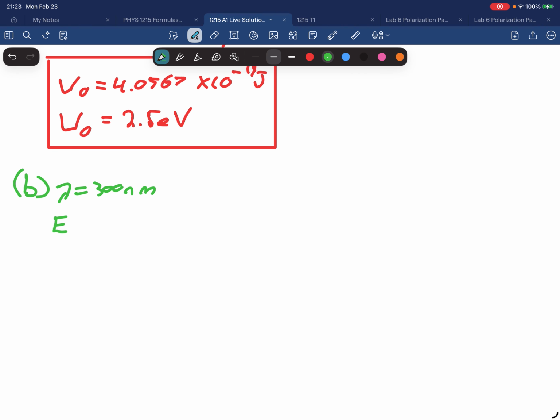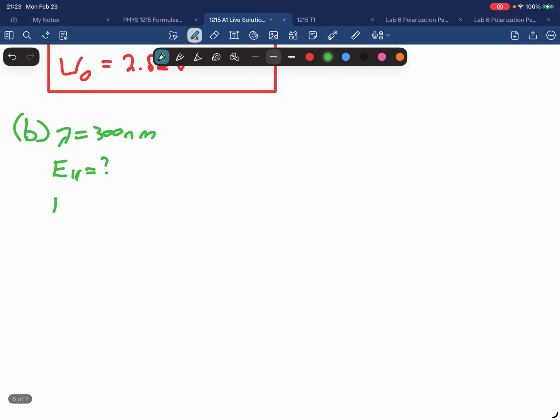And we are looking for the stopping voltage, or just the maximum kinetic energy that the electrons could have. So now we are going to be using our kinetic energy equation with the work function, which looks like this.